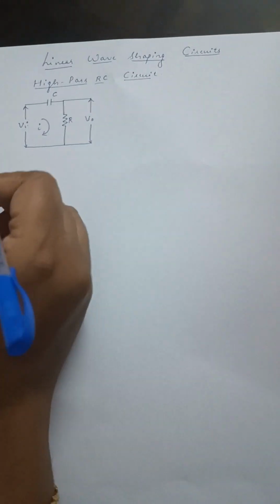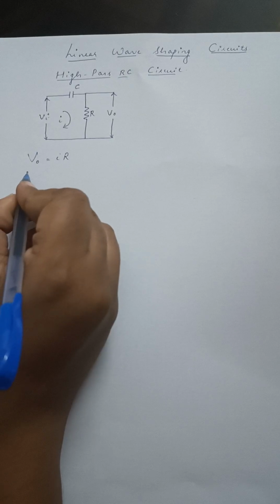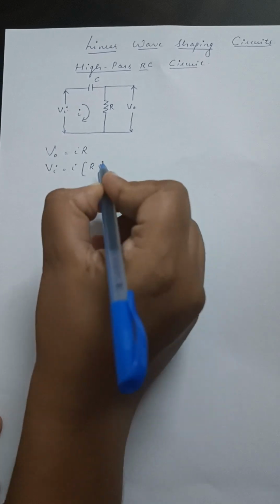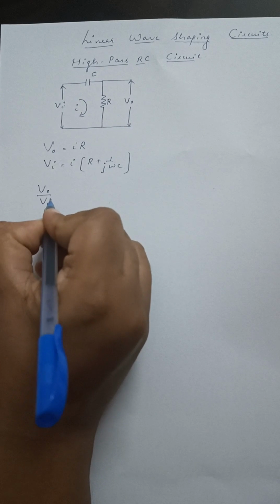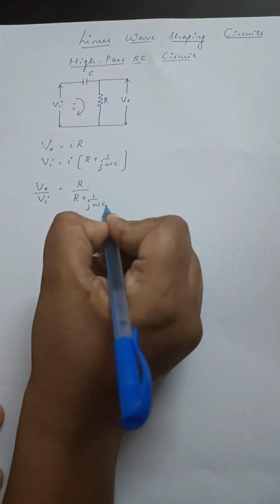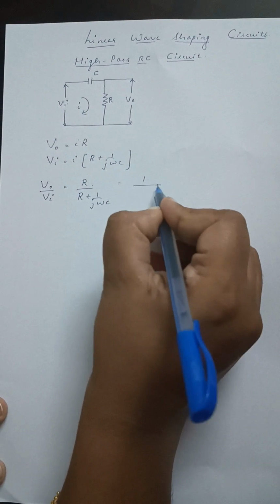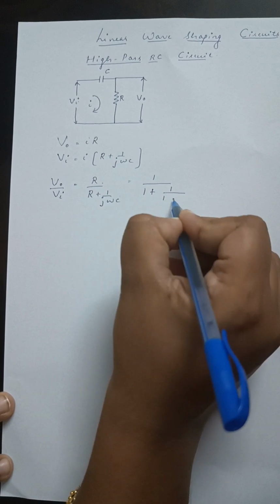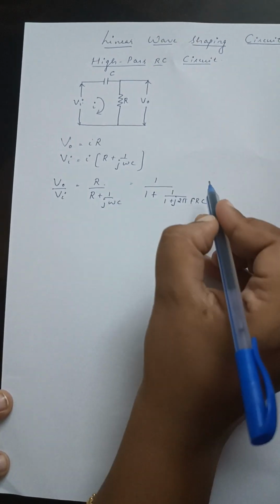From the circuit diagram, we can write Vo is equal to I into R, and from the input side, Vi is equal to I into R plus 1 by j omega C. Therefore, Vo by Vi is equal to R by R plus 1 by j omega C. Dividing by R, we get 1 by 1 plus 1 by j 2 pi f R C, substituting the value of j omega.